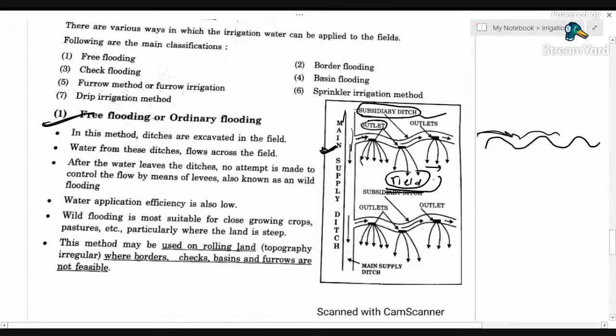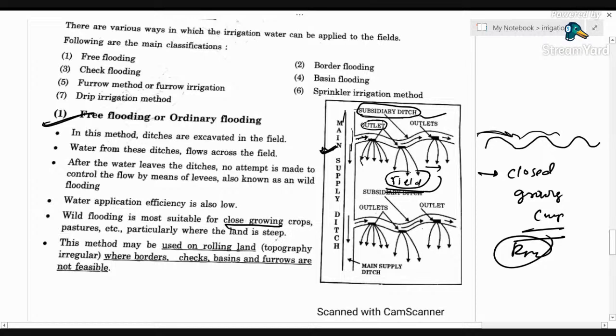Free flooding is generally preferred for close-growing crops like rice, bajra and mustard.